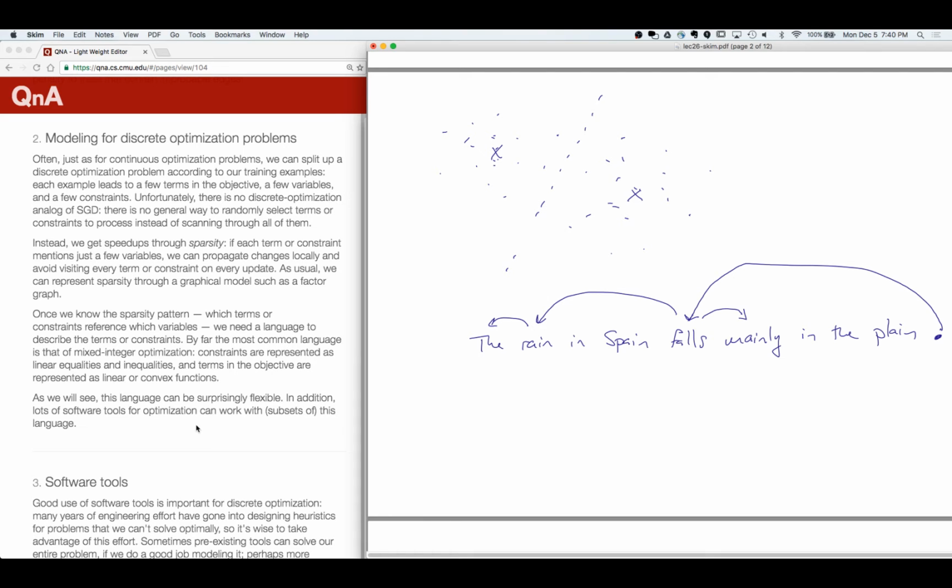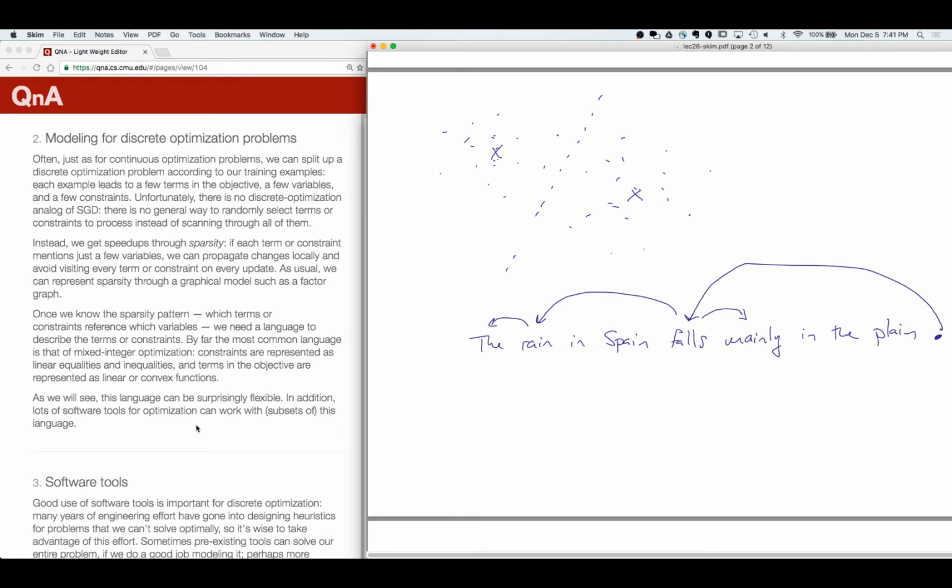And then once we know the sparsity pattern, we need a language to describe the terms in the objective or the constraints. And one language that's really common is the language of mixed integer optimization. We'll get to another common language later below, but mixed integer optimization is a good one. And in mixed integer optimization, what we do is we represent constraints as linear either equalities or inequalities that constrain our discrete and continuous variables.